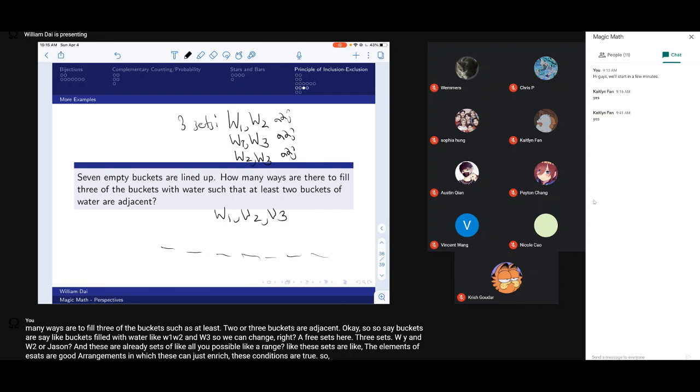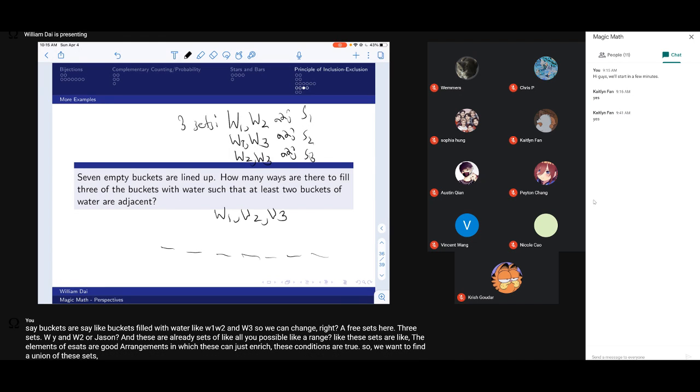So we want to find the union of these sets because at least one of these must be true in order for the arrangement to be good. So this is pi.